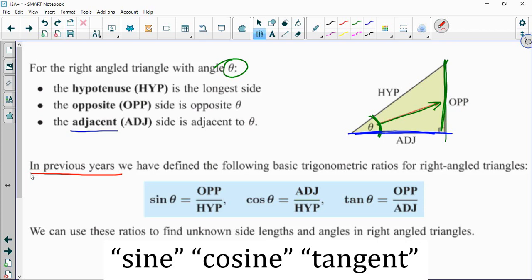The sine of angle theta is equal to the opposite side's length divided by the hypotenuse length. Okay, so we're taking a ratio of two side lengths of the triangle. The cosine of that angle theta is equal to the adjacent length divided by the hypotenuse, and the tangent of the angle is equal to the opposite length divided by the adjacent length.